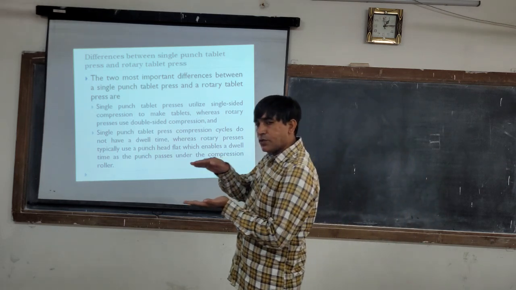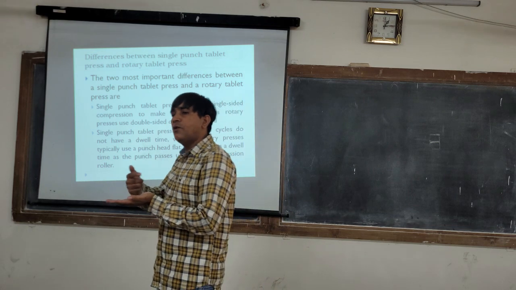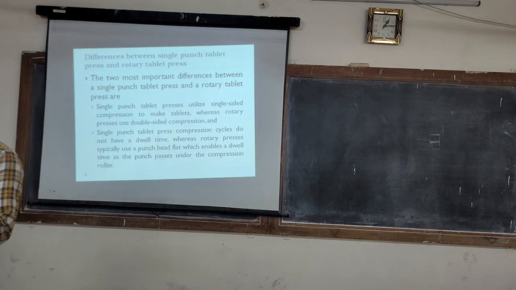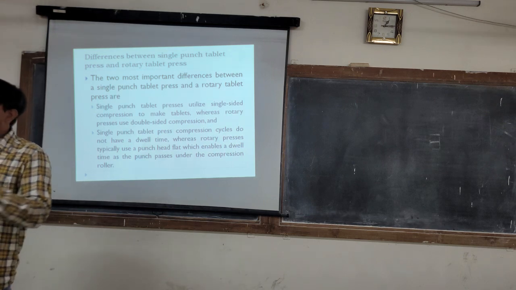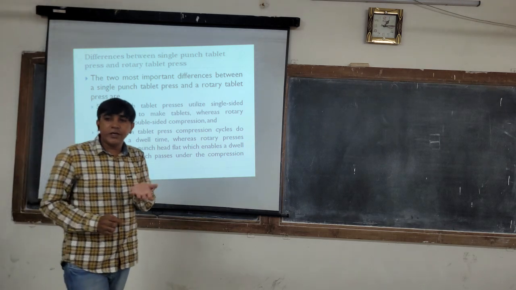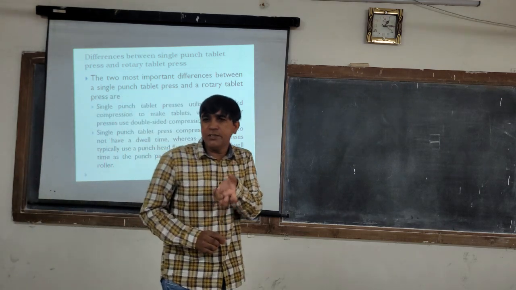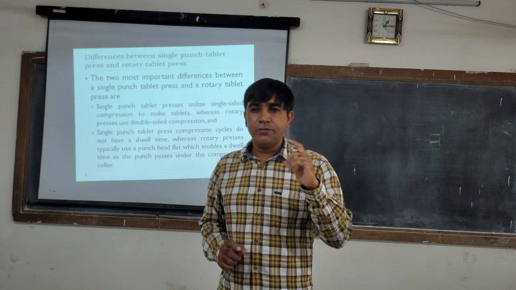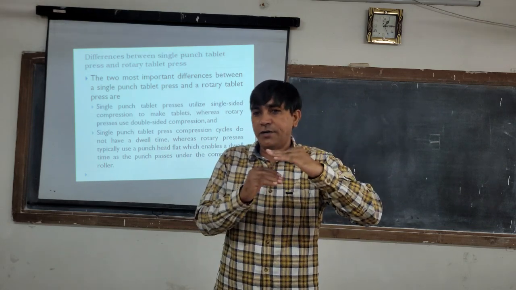Once we remove the compression force, they will try to regain their original weight, volume and shape, and thereby they lead to lamination and capping. So that deformation is required to be completed during compression. For this elastic deformation, we need to increase the dwell time. So dwell time is the actual time for which the upper punch remains in the die cavity, that is, it is actually compressing the tablet.